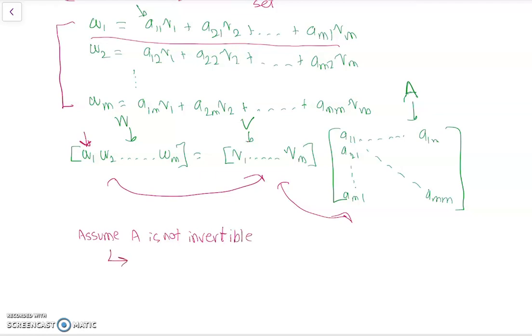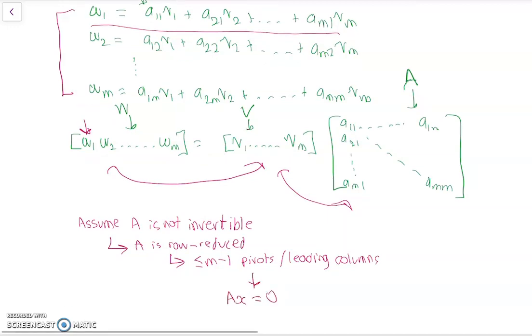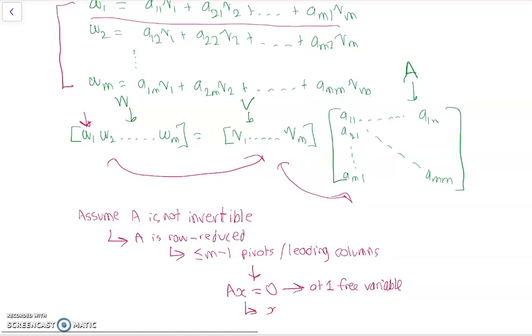If A is not invertible, it means when A is row reduced, converted into row echelon form, you're going to have at most m minus 1 pivots or leading columns, which means when you solve the homogeneous equation AX equals 0, you're going to have at least one free variable, and this means there is a non-zero solution. So a non-trivial solution to AX equals 0 exists.